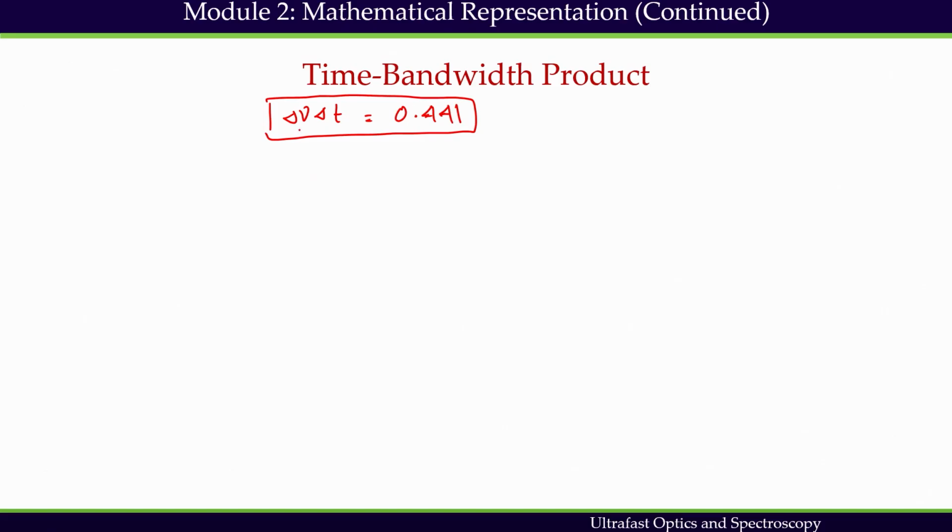So this delta nu can be written, we knew that nu equals c by lambda, which is nothing but c nu bar, which is the wave number. So delta nu can be converted to wave number with the help of this expression.